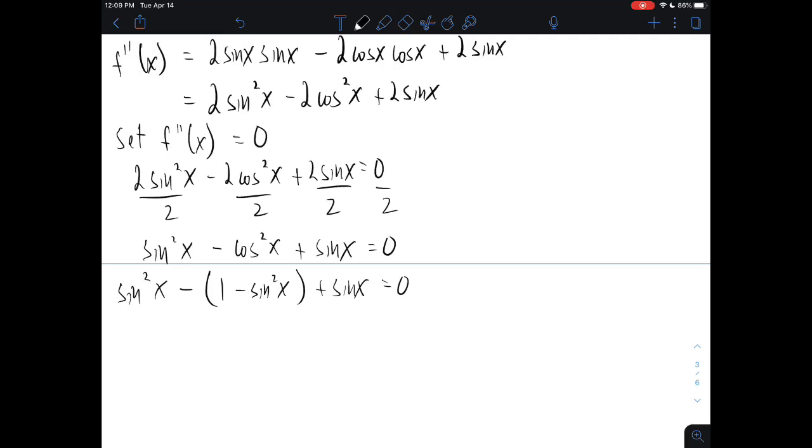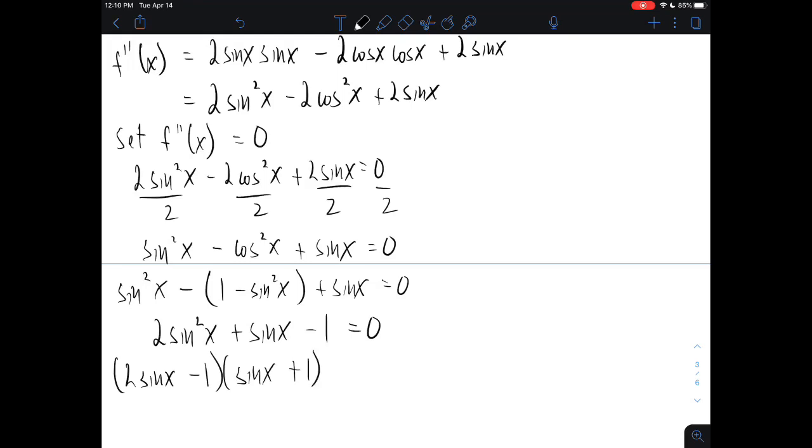Combining like terms, I will end up with 2 sine squared x plus sine x minus 1 equals 0. And then factoring, I would have 2 sine x minus 1 times sine x plus 1 equals 0.